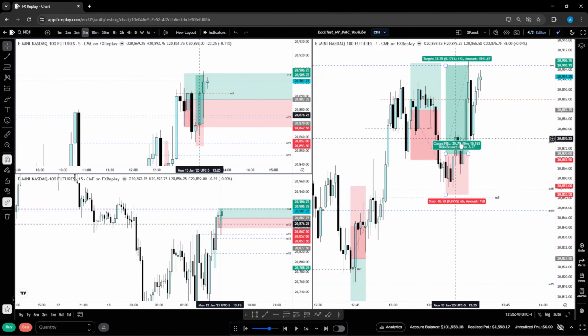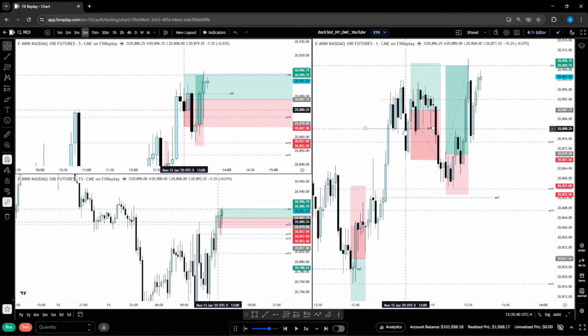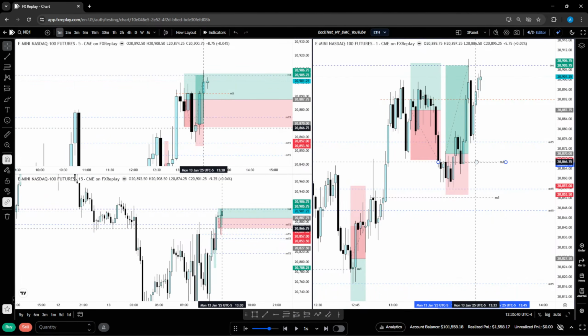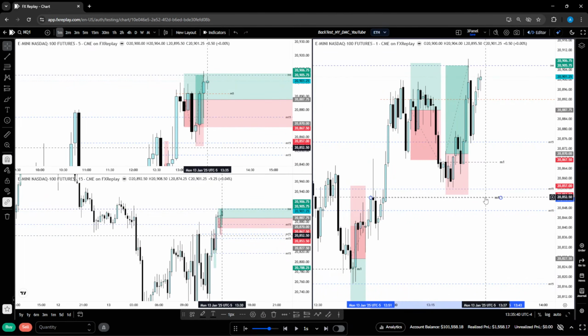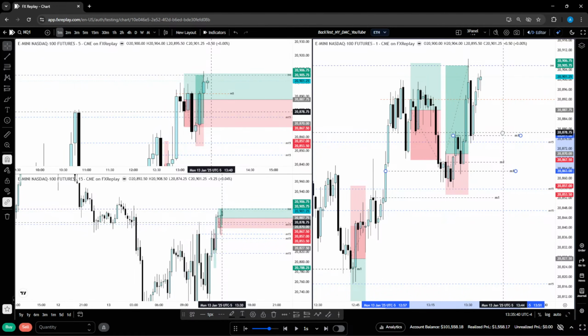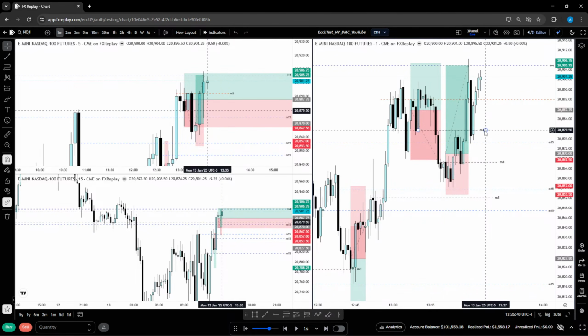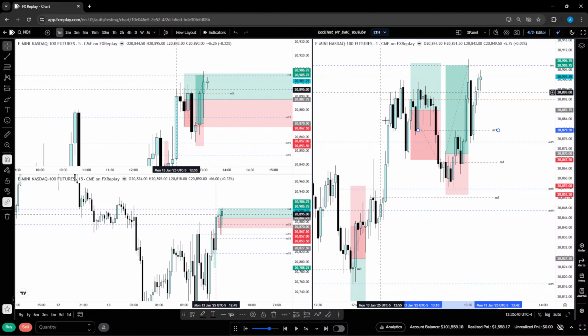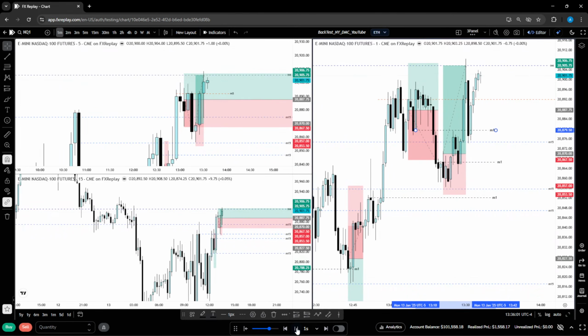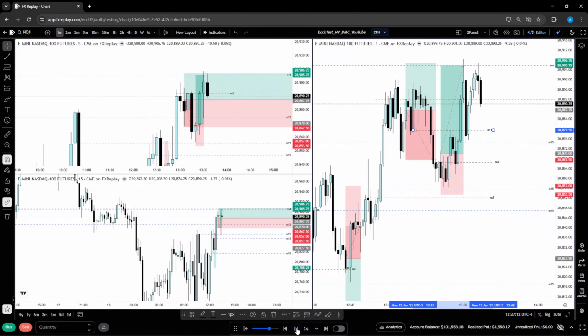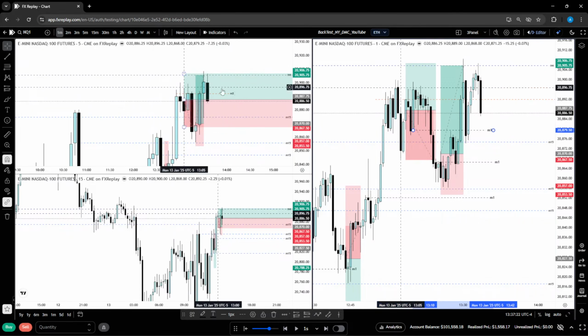This level has been tested. This would be one level, another level would be this guy, another level would be this guy. Then you're hitting the 4 hour, so the 4 hour level is a strong level to reject.